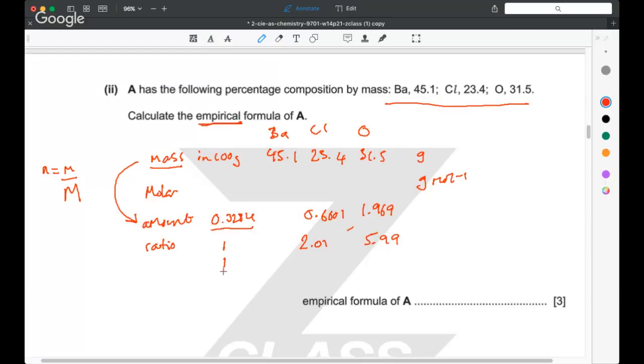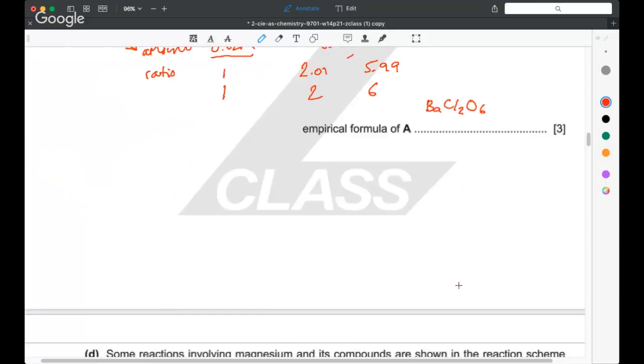It's pretty clear that that's 1, that's 2, and that's 6. And so the empirical formula will be barium, and we don't need to write the 1, that's implicit. Chlorine, there's 2 moles of that, and for oxygen, there were 6. All right? So that's that question the examiner said was generally well done by students. I think that's quite a familiar calculation for students to do.